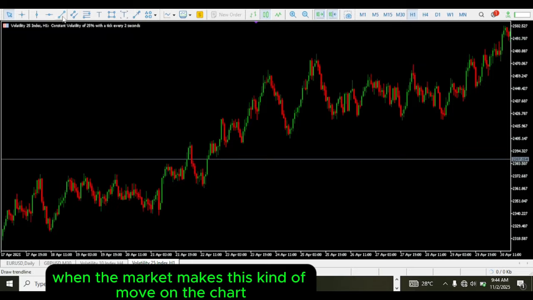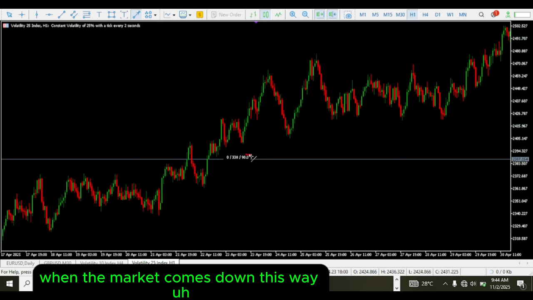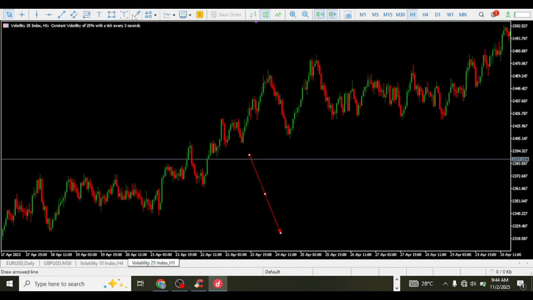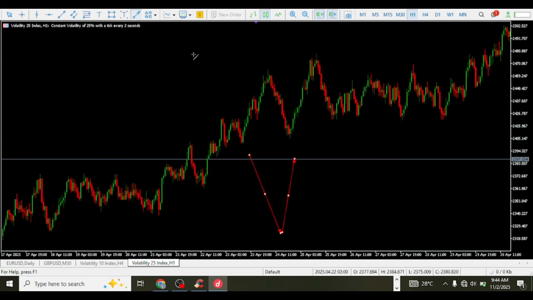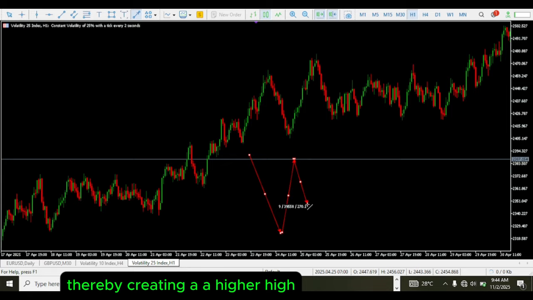When the market makes this kind of move on the chart, when the market comes down this way, then goes up this way right now, can you see that? Then it fails to tap the recent low which it created, thereby creating a higher high.